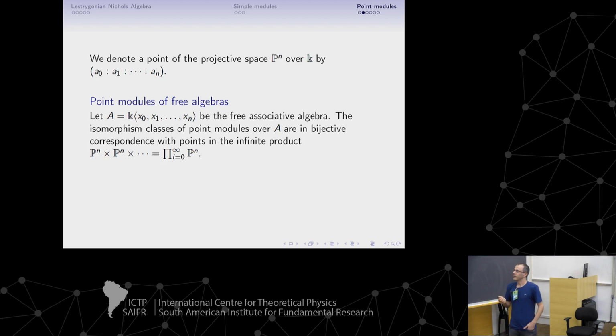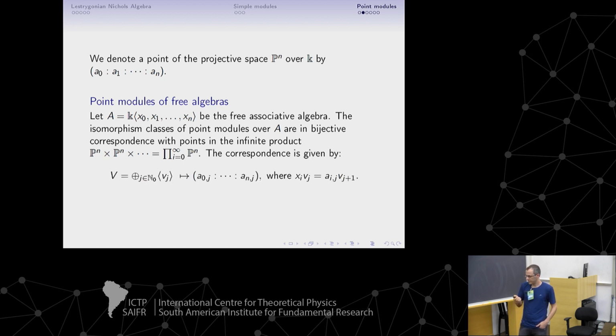Now I remember a classical result, the classification of point modules over the free associative algebra in n+1 variables. The isomorphism classes of point modules over A are in bijective correspondence with points of the infinite product Pn times Pn times, the infinite sequence over Pn. How is this correspondence?